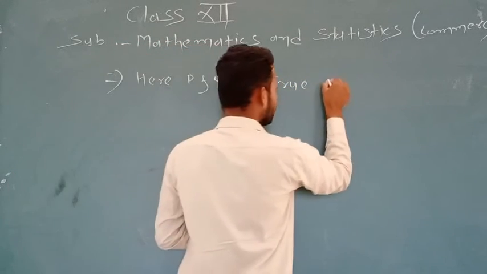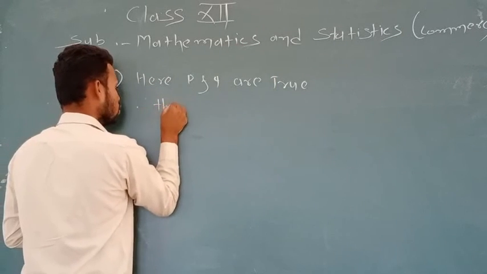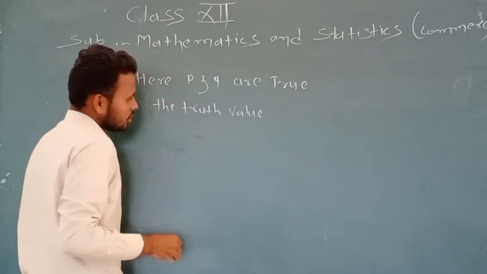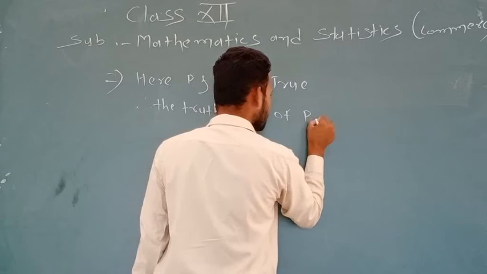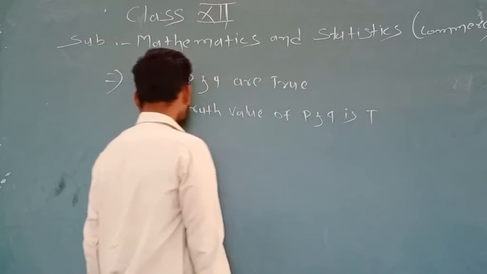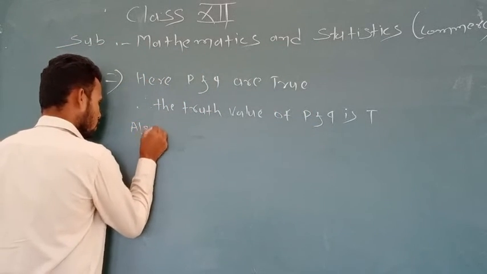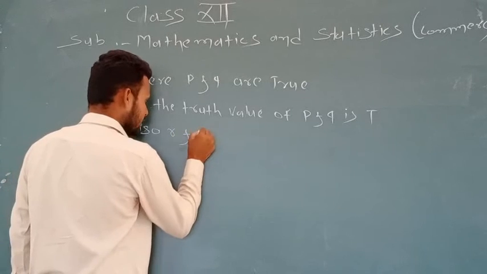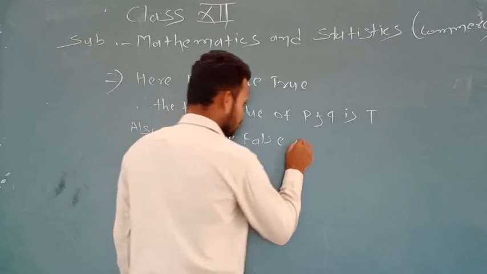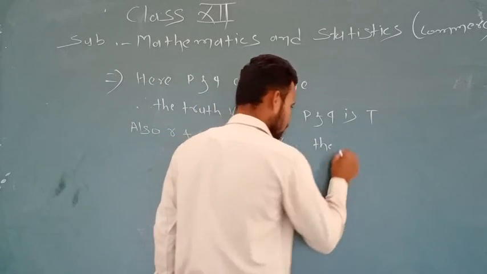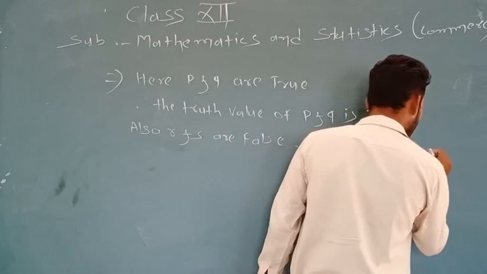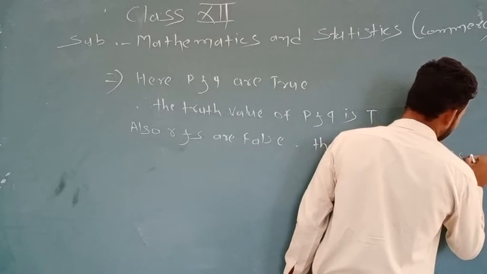Therefore the truth value of P and Q is T. Similarly, R and S are false. Therefore the truth value of R and S is F.